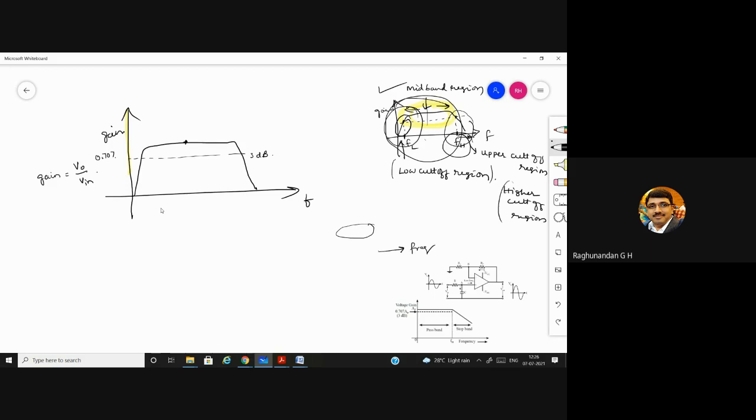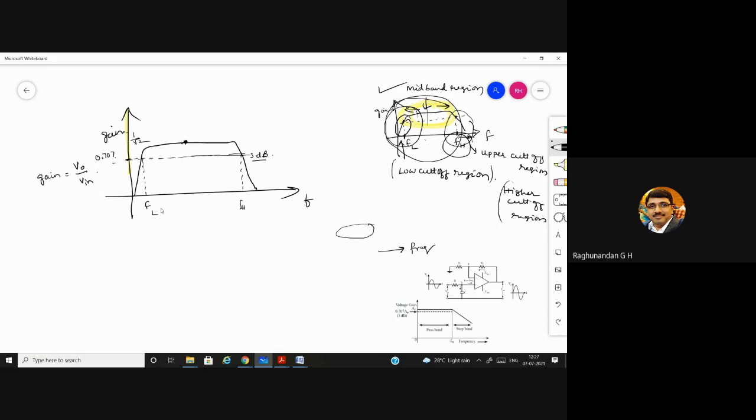Both are equal. If we convert the gain in dB, we take 3 dB downwards. If you are just taking 1 by root 2 times of this value, then it is 0.707 times this value, that gives some gain. There you will mark the horizontal line. Now, when you plot the vertical lines, you will get FL and FH.